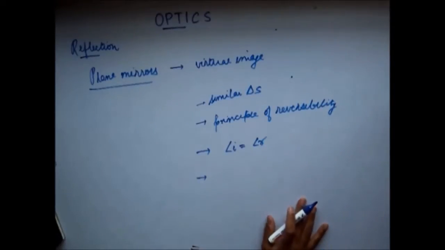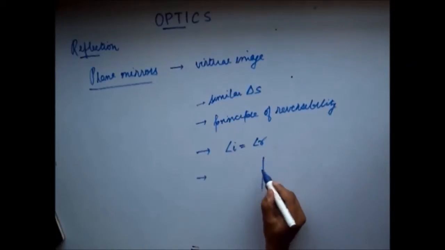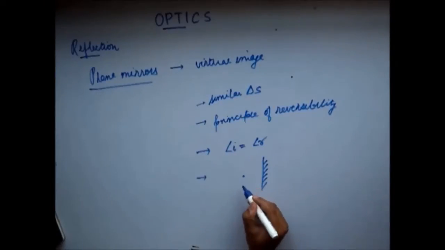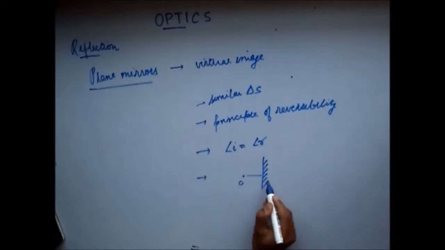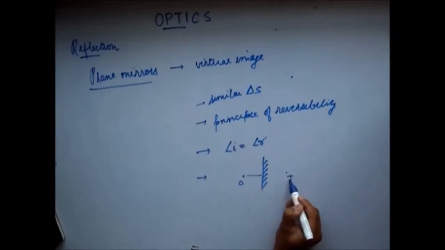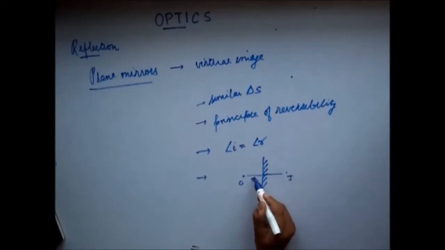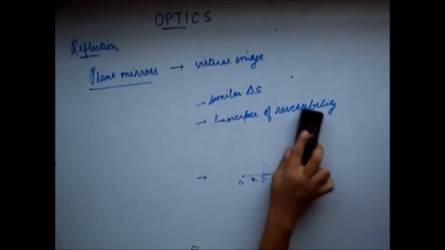Also, another thing which you need to keep in mind while solving questions on reflection from plane mirrors is that if this is the plane mirror and this is my object, my image will be formed at this position, and this perpendicular distance x is equal to this perpendicular distance x. These are the four things you need to keep in mind. So let's take a few examples before we move on to spherical mirrors.